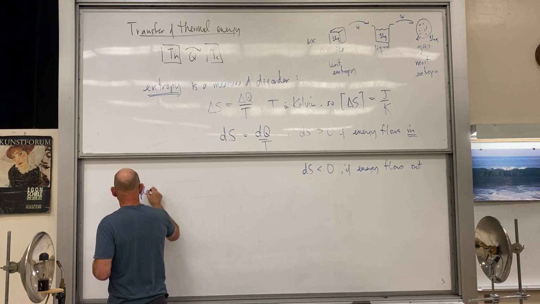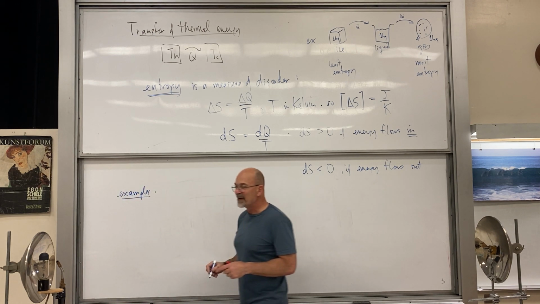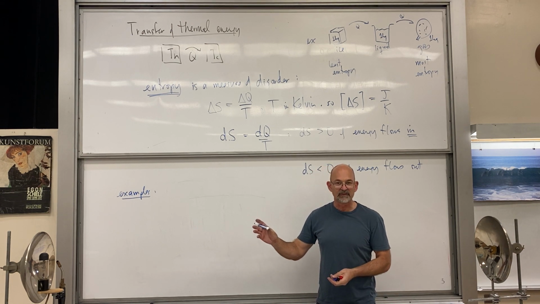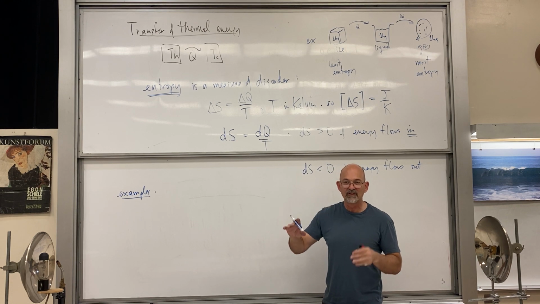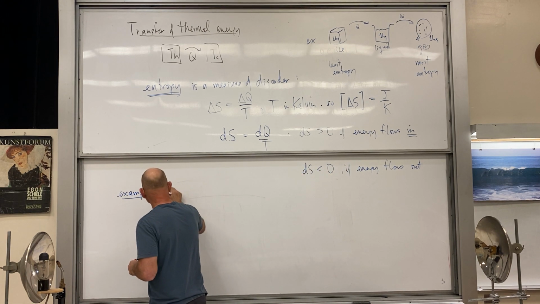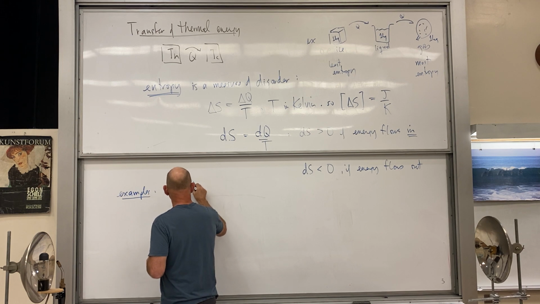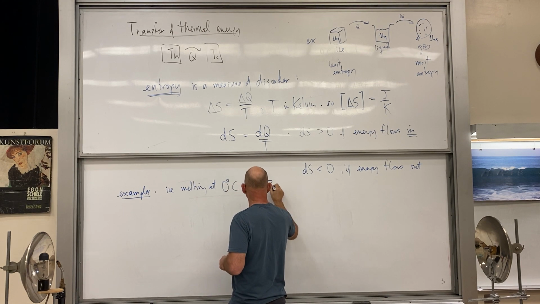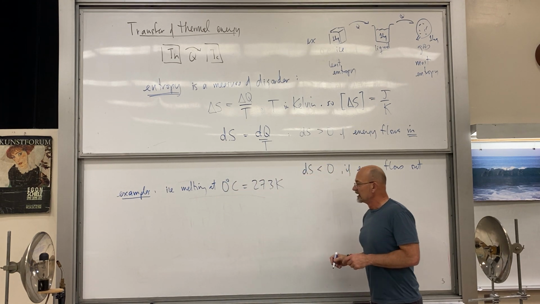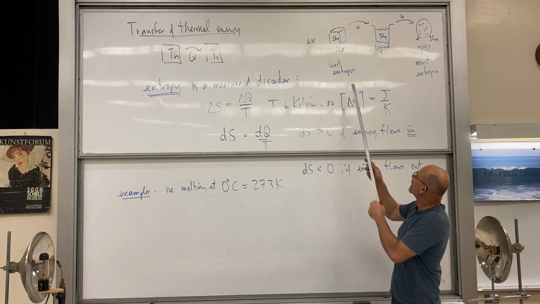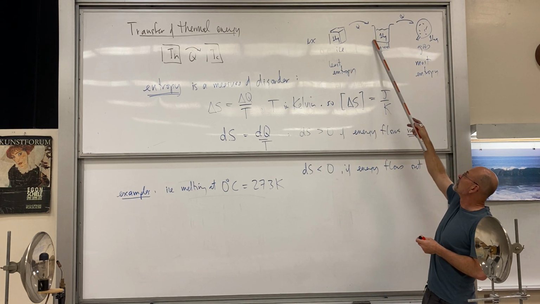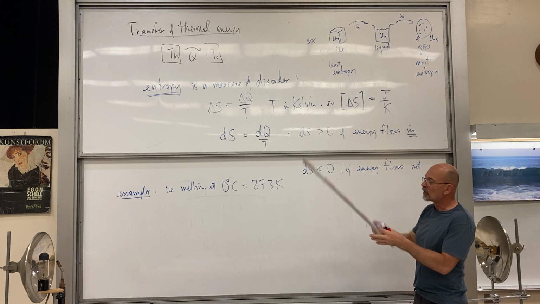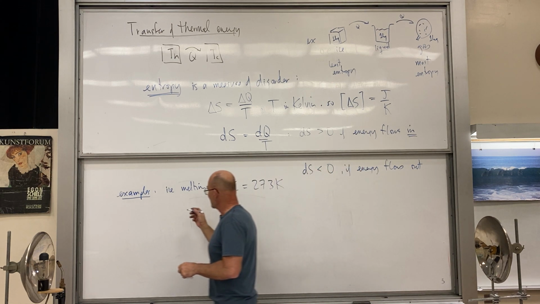Two examples. Suppose we melt ice at 0 degrees Celsius. We just slowly put the heat in, the ice melts, and the temperature stays the same. So ice melting at 0 degrees Celsius, which we know is 273 Kelvin. Is there a change of entropy? Certainly. The ice is locked in place, the fluid is fluid. The molecules can move around more. Here they're more immobile. What's the change of entropy?